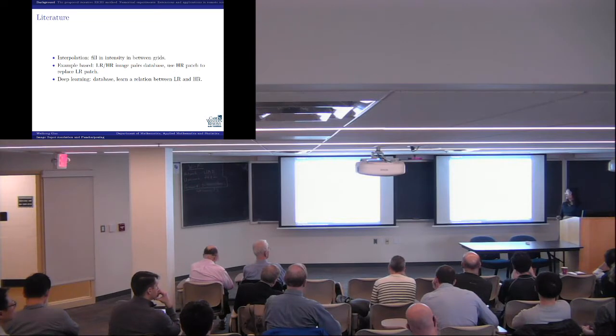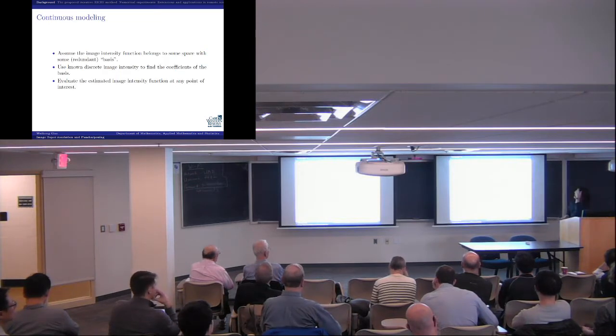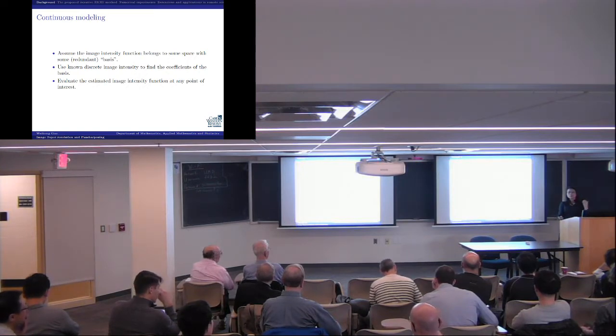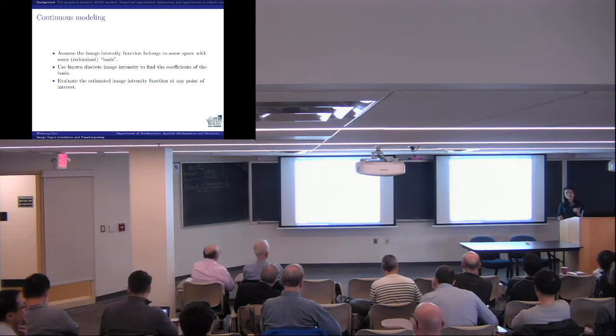So over here, we are talking about just one image. Our idea is that we want to start from this low resolution image and figure out a high resolution image. And our idea is to try to reconstruct the analog image. Analog image means we want to get the image intensity as a function. So as a mathematician, the first question would be which space you're going to be sitting in, and how do you figure out the basis and the coefficients of the basis.